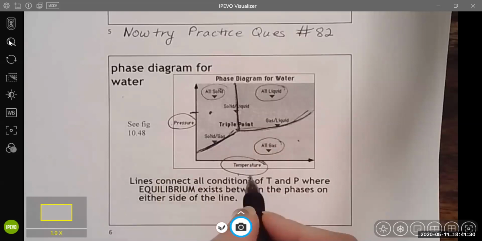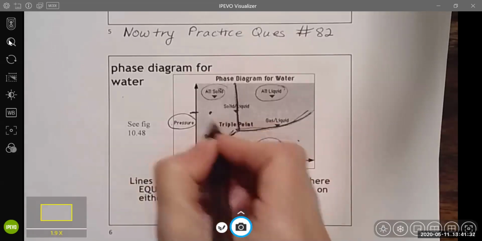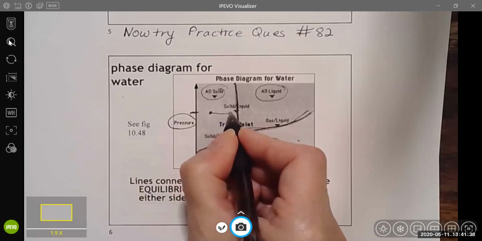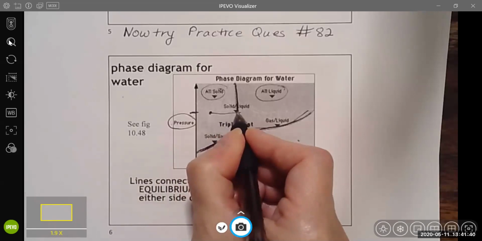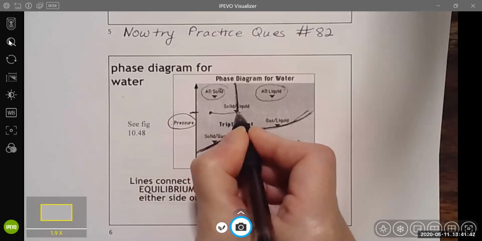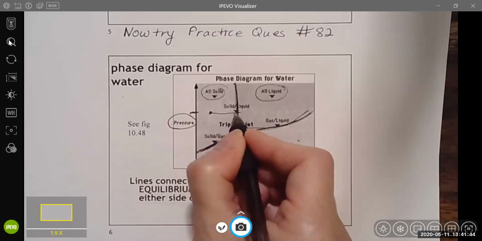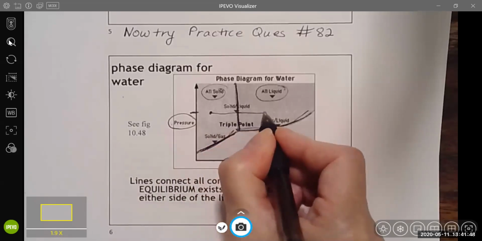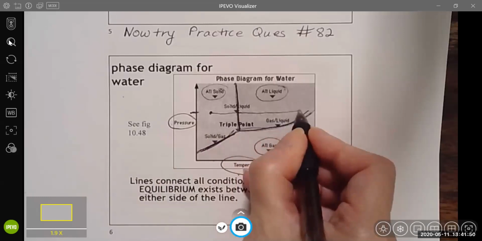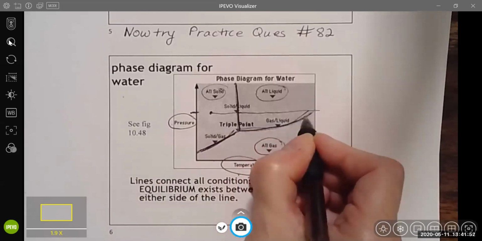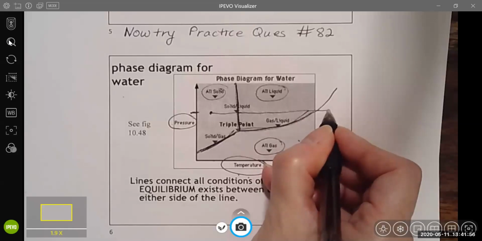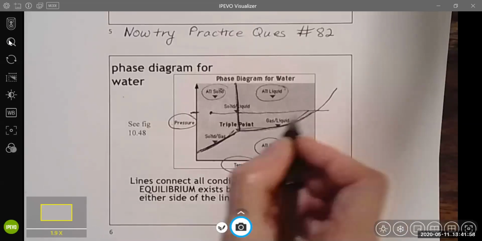Remember, temperature's here, so increasing would be going that way. If I hold the pressure constant, just let it sit out in the atmosphere, and I heat it up, eventually I'm going to reach this line. When it gets to this line, it's going from the solid to the liquid, so it's going to start to melt. When it melts, it's going to be over here. If I keep increasing the temperature, eventually I vaporize it to the gas phase over here.